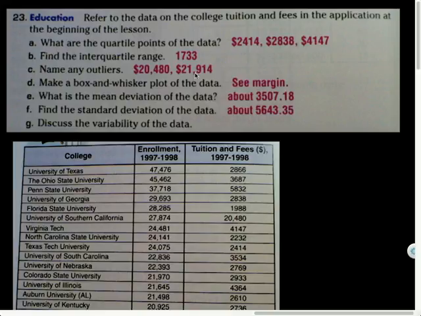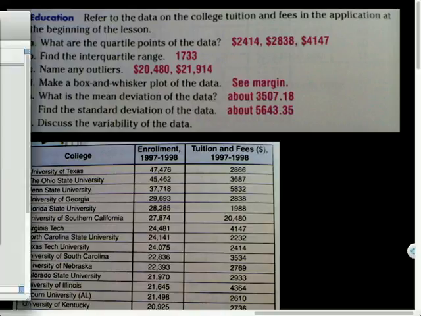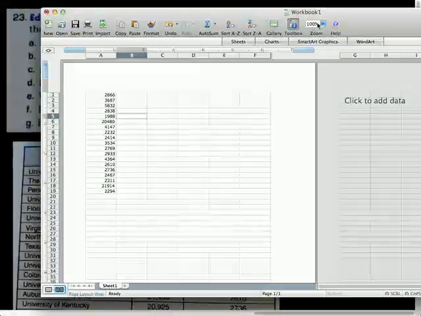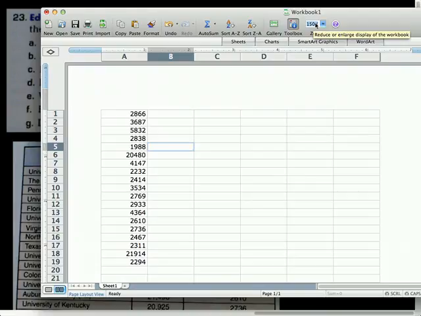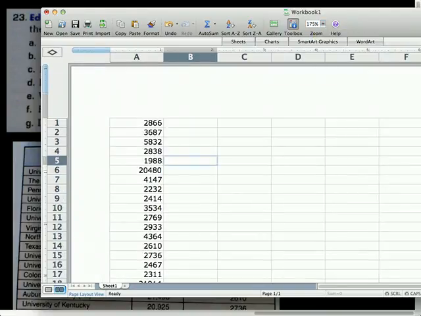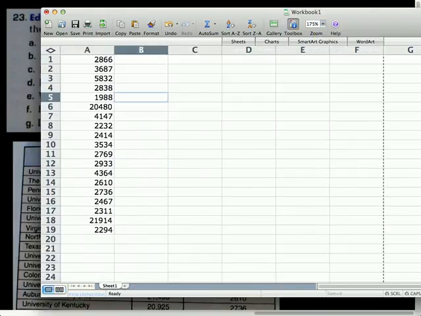So let's see. It says, what are the quartile points of the data? I've got a list over here already written out. Let me pull this on over here, and I'll zoom in to a fair scale for us. We'll throw this in normal view.